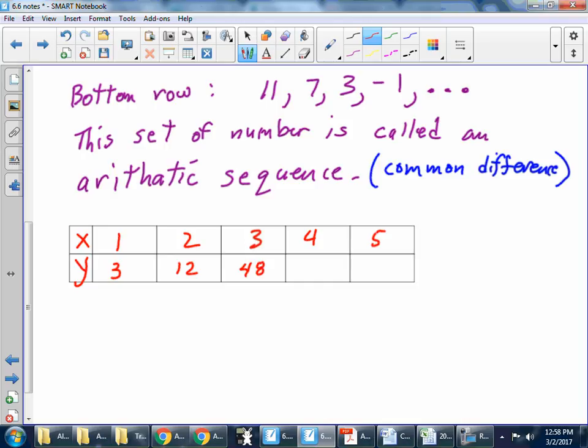Now I have to do my homework. 192. Yeah, gosh, it's so late in the afternoon I can't think. 192. And then 200, and then 16 would be 784. I hope that's right.